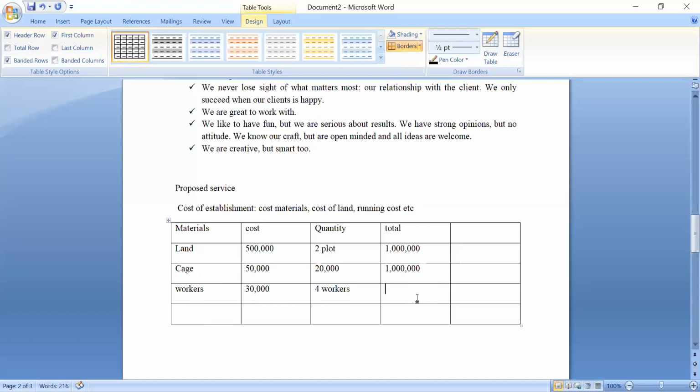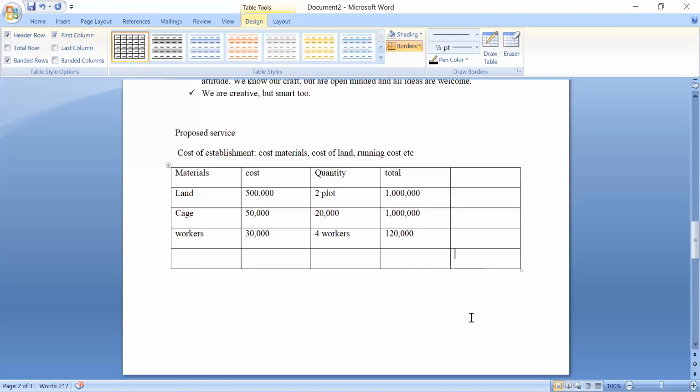So that would be 120,000. This is just a rough estimate. So like that. So you put just a total of everything, you bring it to this place.